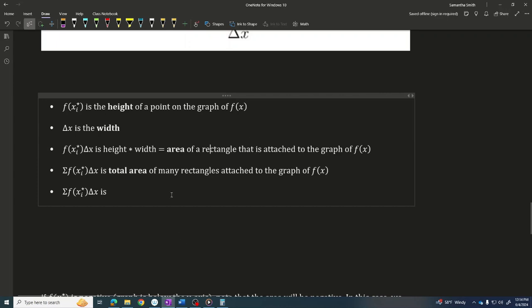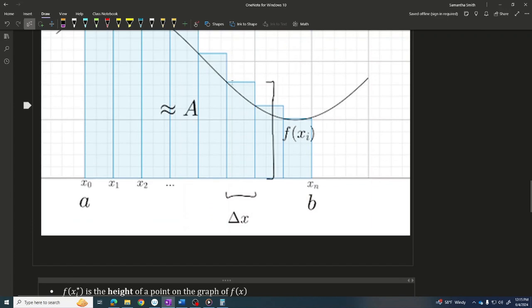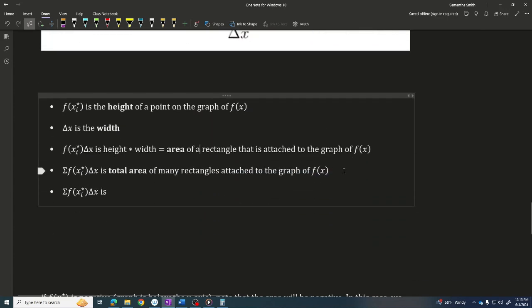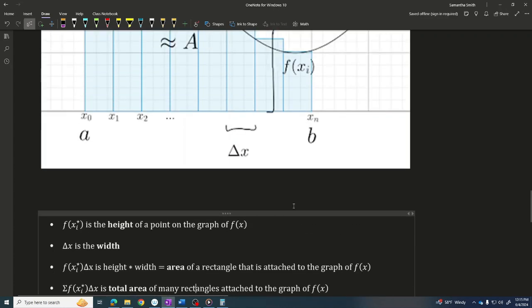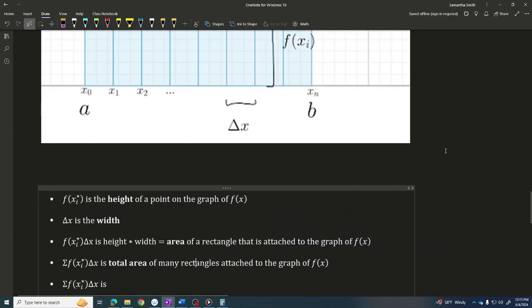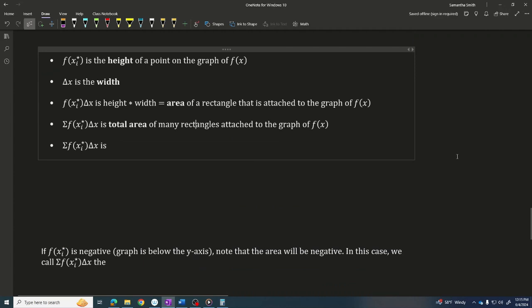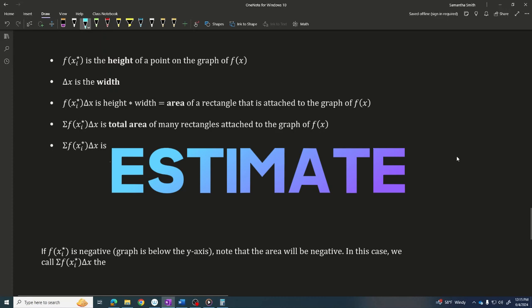If I take the product of this height and this width, I get the area of a rectangle, which is attached to the graph of the function. And if I add together all of those areas using a sum, then I get a total combined area of all of those rectangles together.